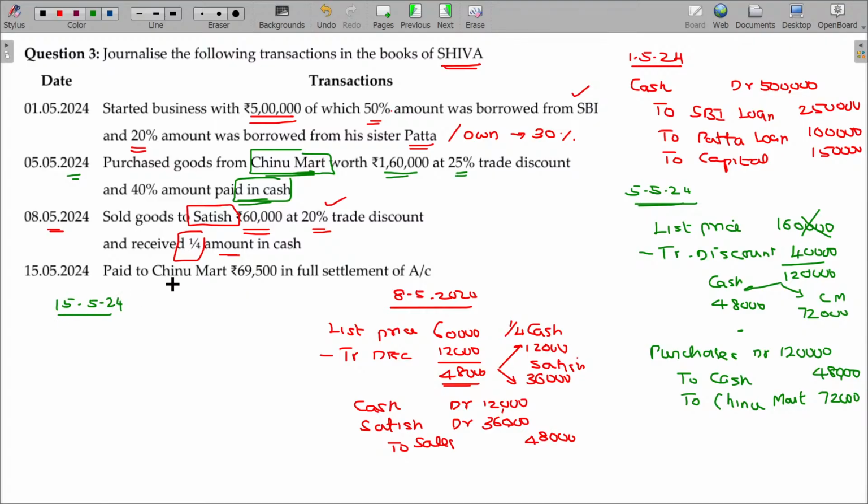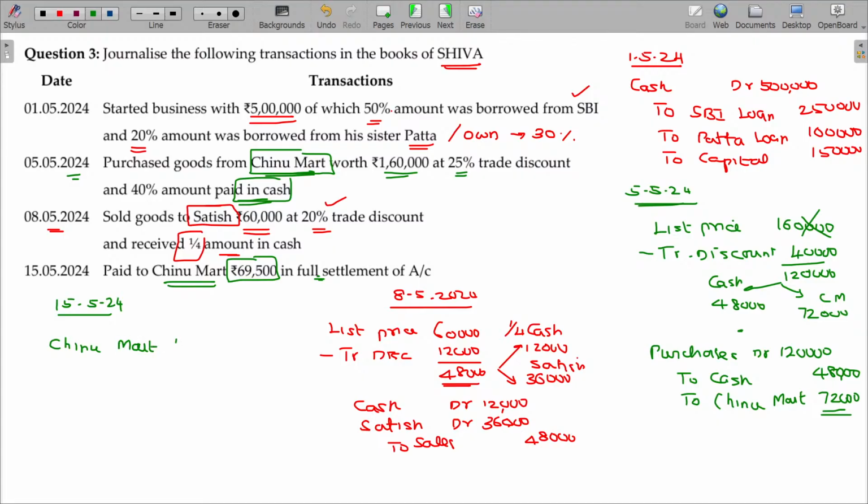15/5/2024, paid Chinnumart 69,500 in full settlement. Actually, the amount payable to Chinnumart for the purchases on 5/5/24 being 72,000, on 15/5/2024 we paid 69,500 to Chinnumart, stating that fully over. So the difference between these two, 2,500, is nothing but discount. Clear? Make the payment to Chinnumart. So Chinnumart is the receiver, debit him.